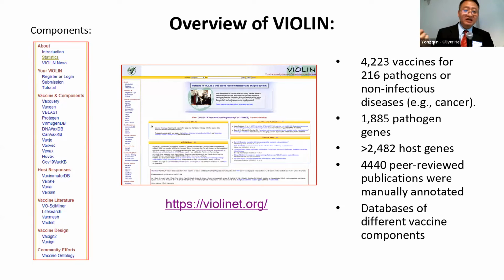Then we have a COVID-19 vaccine knowledge base, just published early this year. And we have our vaccine immune factors database, which is more like the host side. Then we have vaccine safety, which Yijia just briefly introduced, and the vaccine animal response and the vaccine mechanism. And we have the vaccine ontology and also the vaccine ontology-based literature miner.